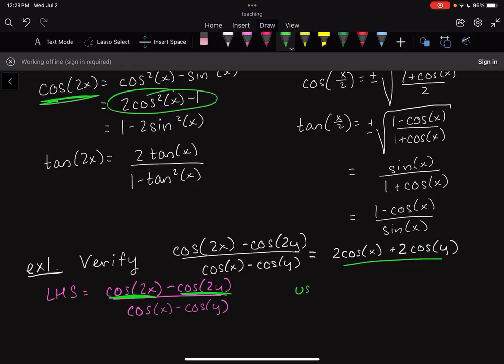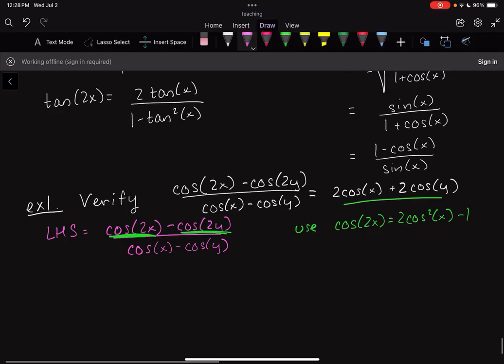So I'm going to use this identity to help me out. It says cosine 2x is equal to 2 cosine squared x minus 1. So when I replace these, cosine 2x is going to become 2 cosine squared x minus 1.